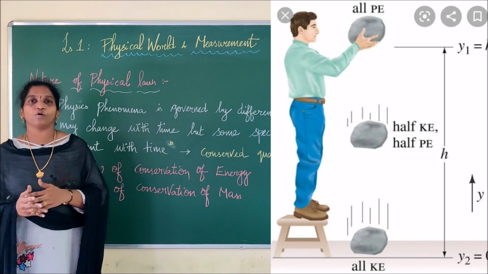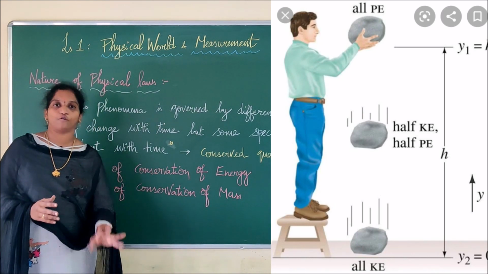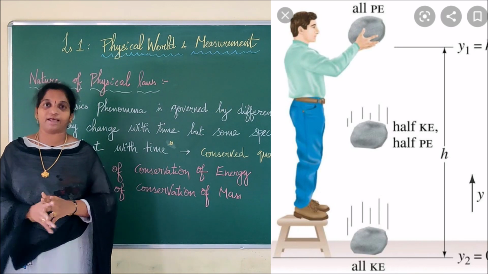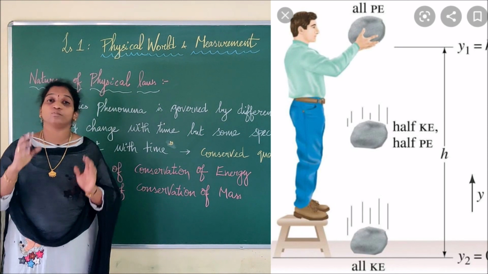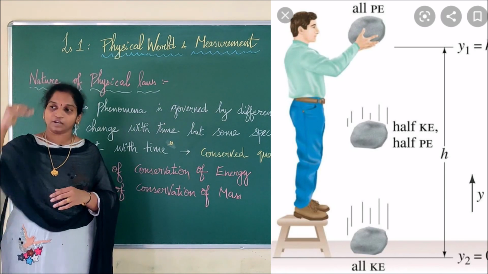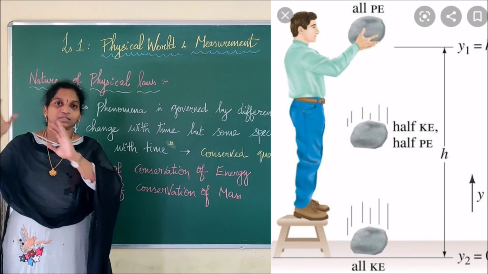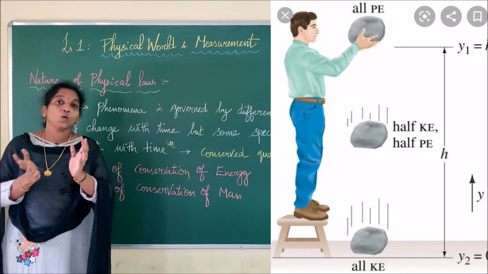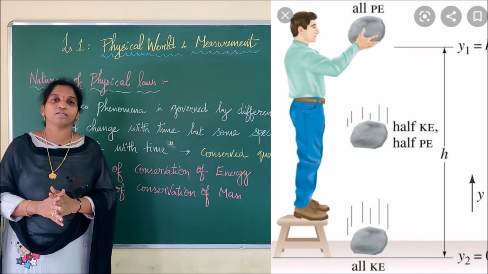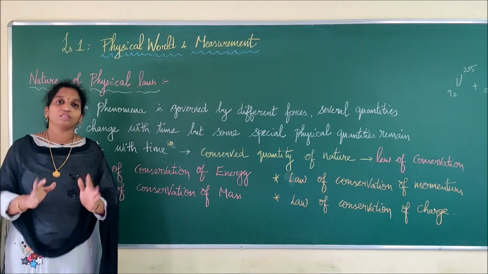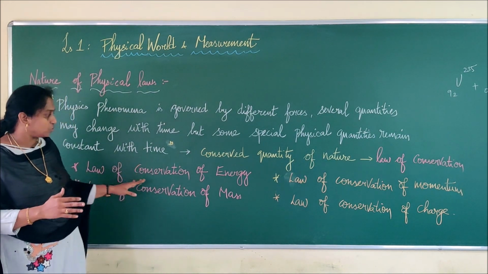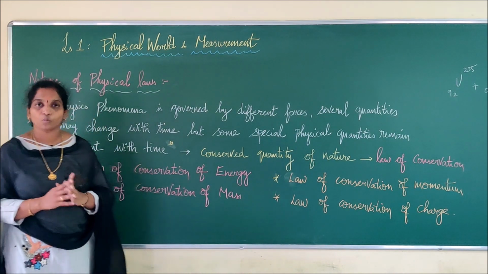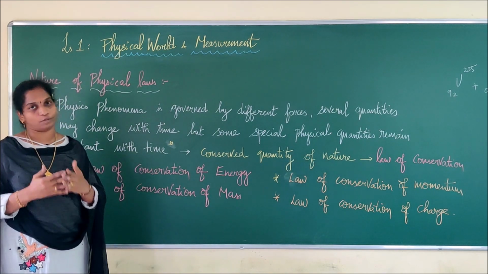For example, take the free fall of an object, which you may have learned in your lower classes. If a ball is falling, both potential and kinetic energy at different levels will vary, but the total energy of the ball will remain the same. We call that sameness of energy conservation of energy. So that is the free fall of an object.